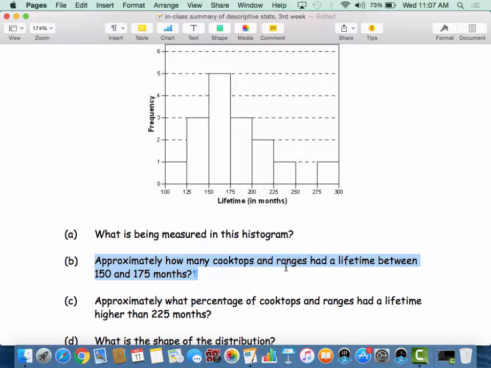This test could be really simple, and it should be. I apologize for the bell. But it should be pretty simple. You just got to learn to read it. So, question B, we're looking at about 5 appliances.